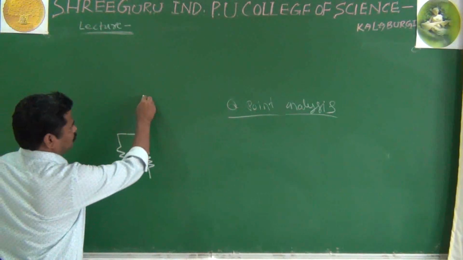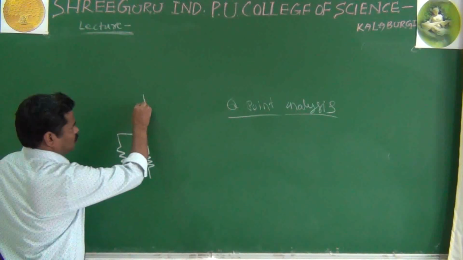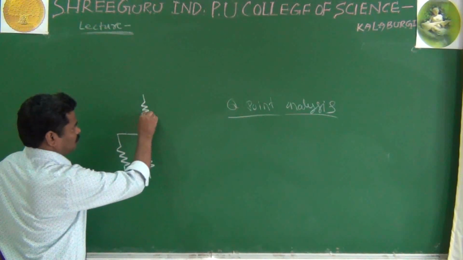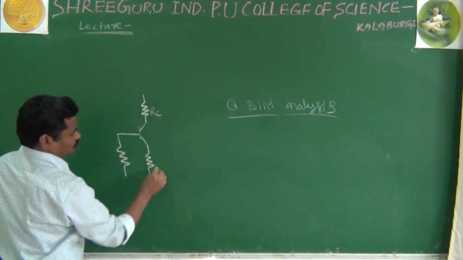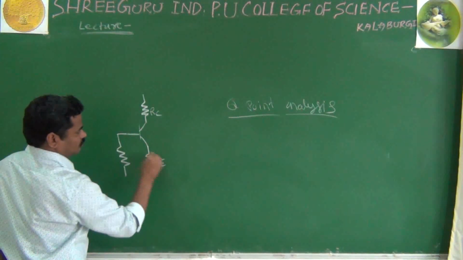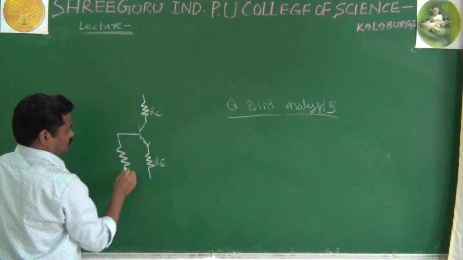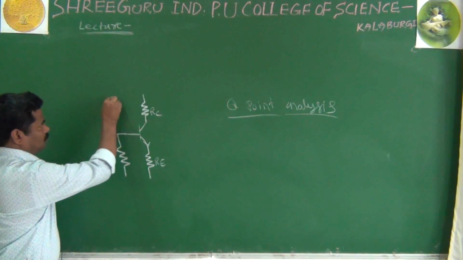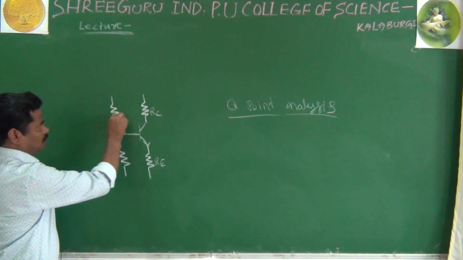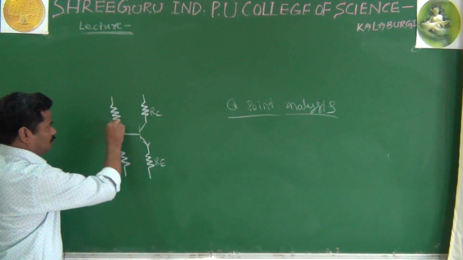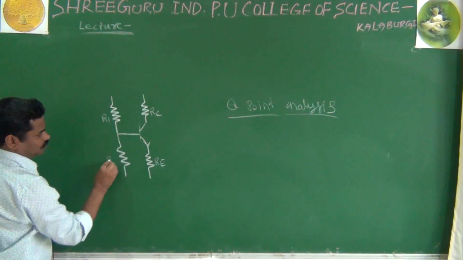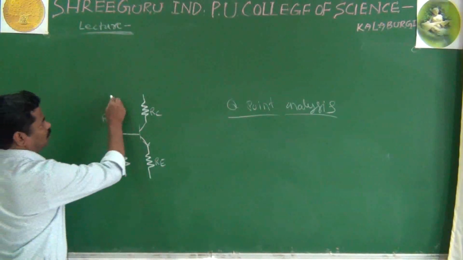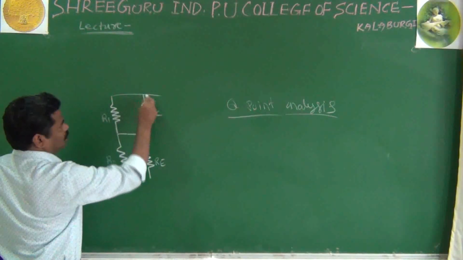Yesterday, I said you are using 4 resistors. One is called RC, this is called RE, and this is your R1, R2. And as I said, you are applying the common VCC.